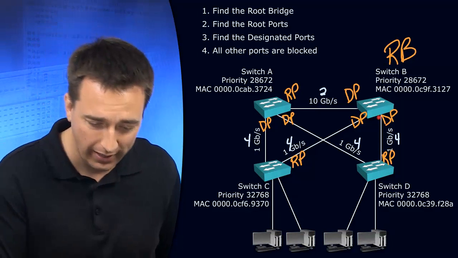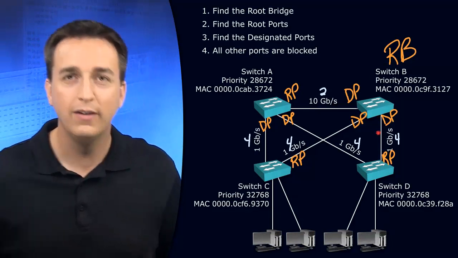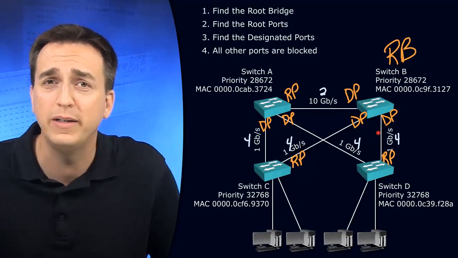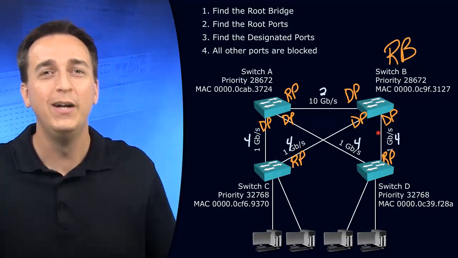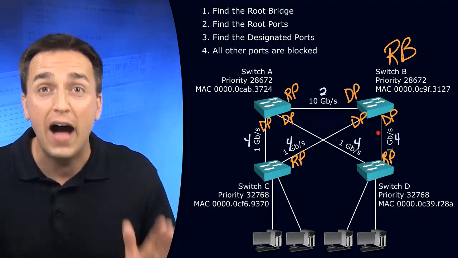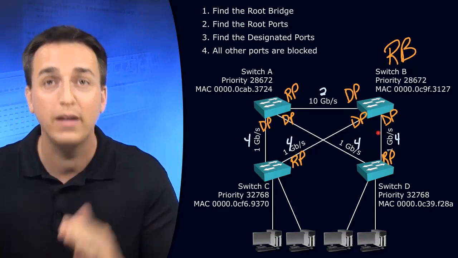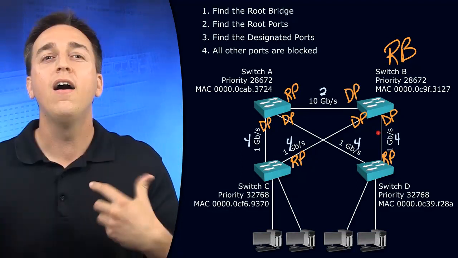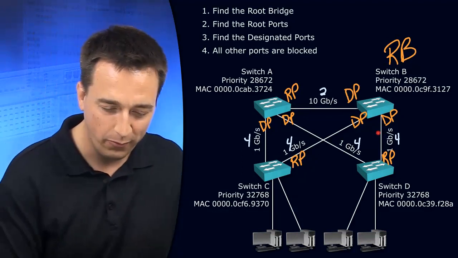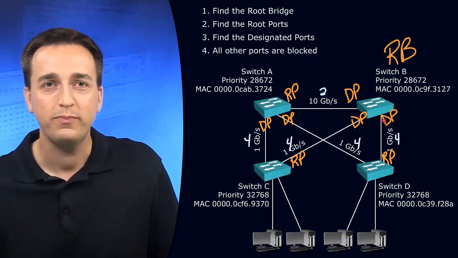I'm confusing myself right now. So let's try that again. Designated ports: we said there were going to be 5 designated ports because there's 1 designated port per segment. We have 5 segments, 5 designated ports. Let's count them. 1, 2, 3, 4, 5. Much better.